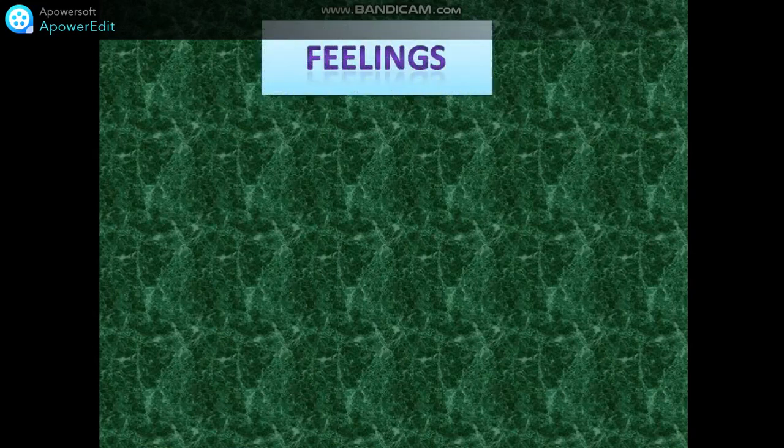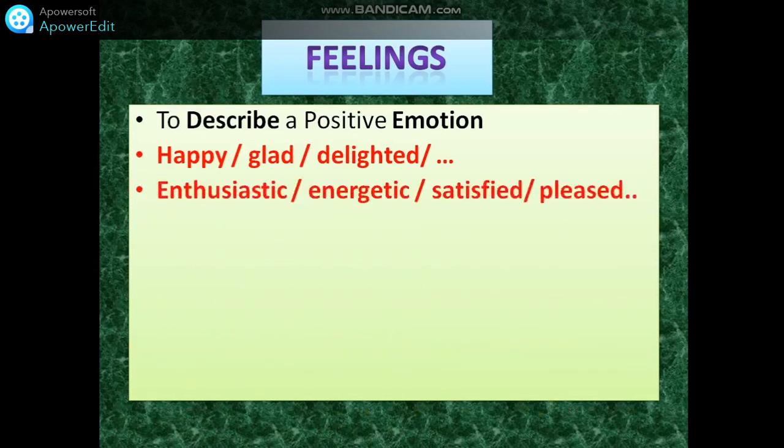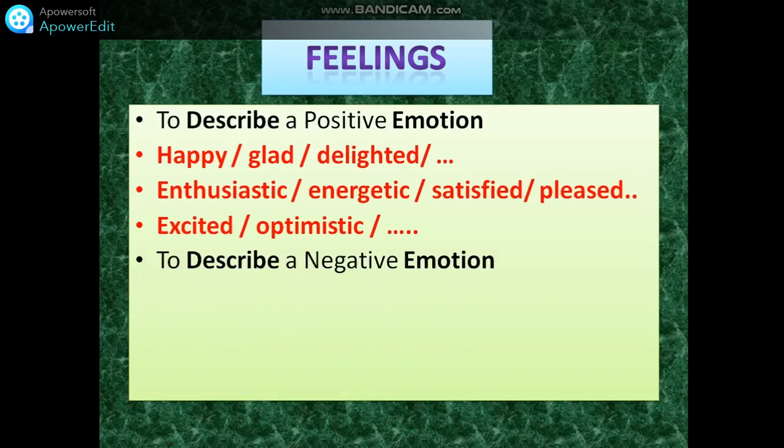You talk about feelings. When you want to describe feelings, either you describe a positive emotion. You can say, for example, happy, glad, delighted, enthusiastic, energetic, satisfied, pleased. We were excited. We were optimistic. Or you can describe a negative emotion.